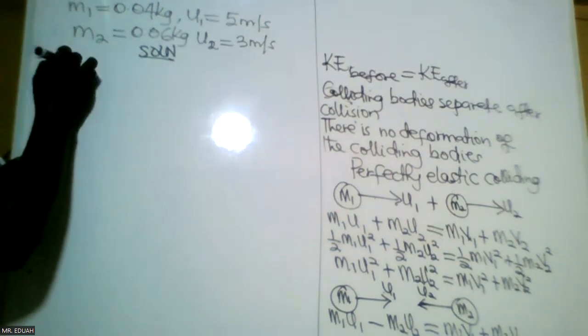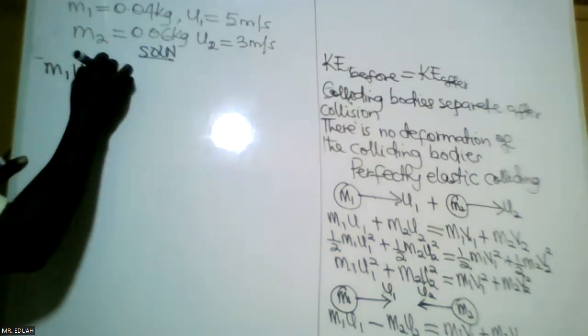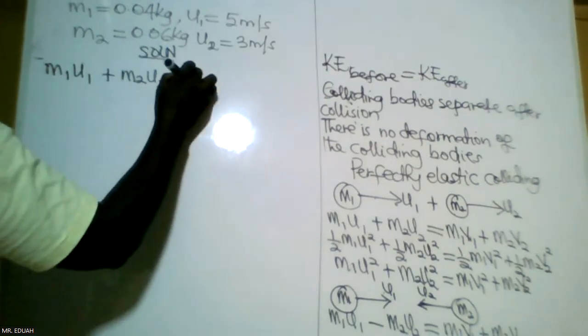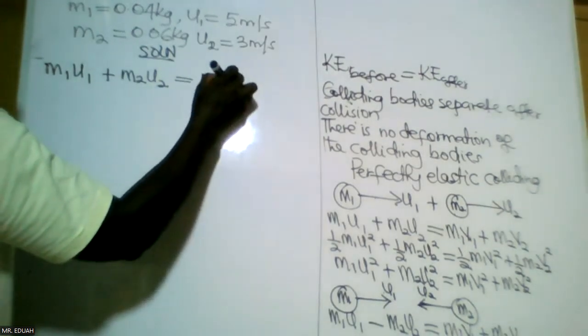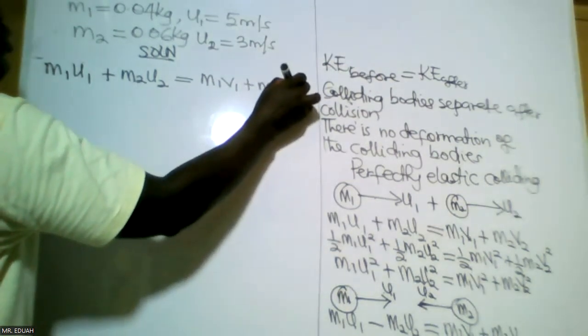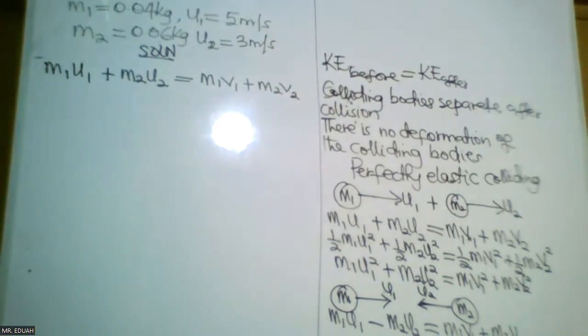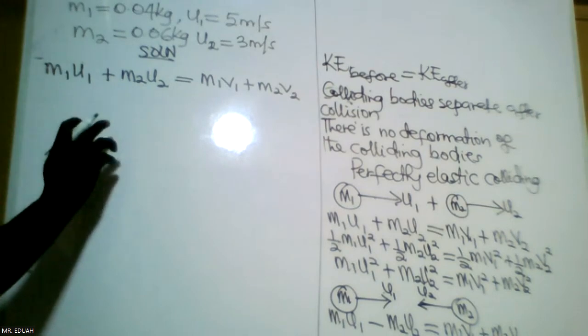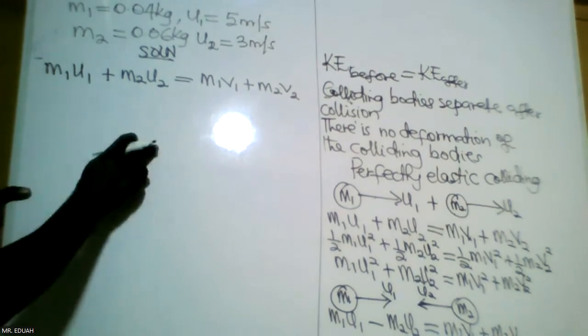M1 U1 plus M2 U2 must be equal to M1 V1 plus M2 V2. So we write it for conservation of momentum and write it for conservation of kinetic energy.